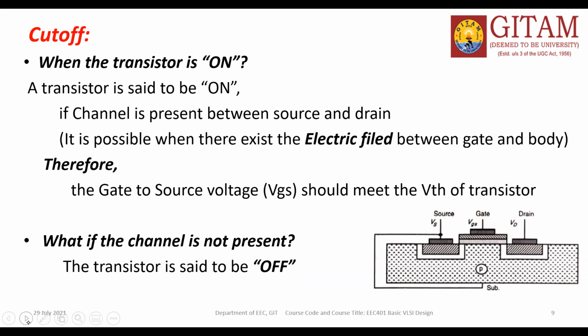So the cutoff region means the transistor should be off. When the channel is not present, we can say that the transistor is off, which means the transistor is in the cutoff region.